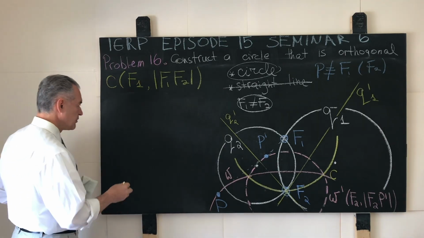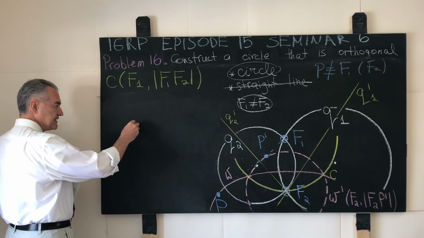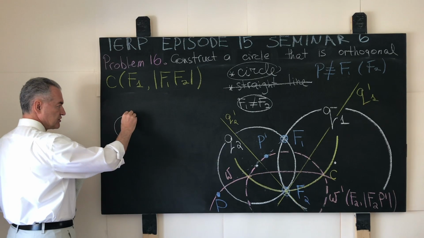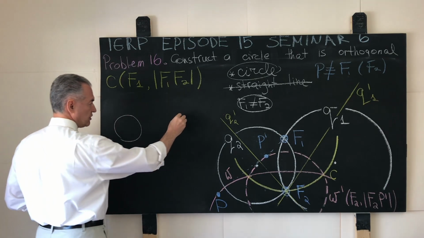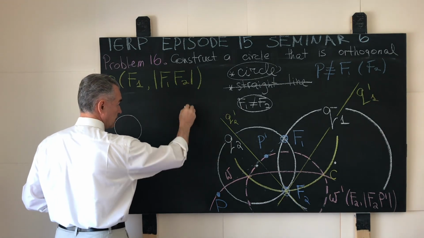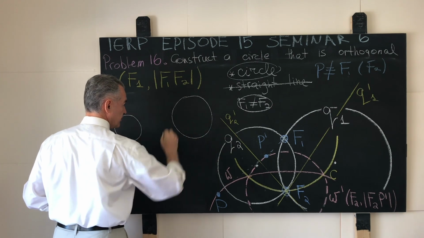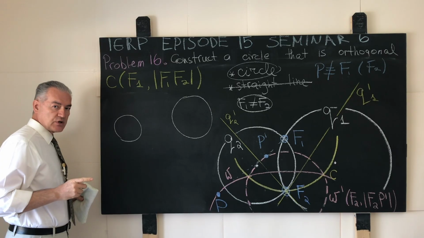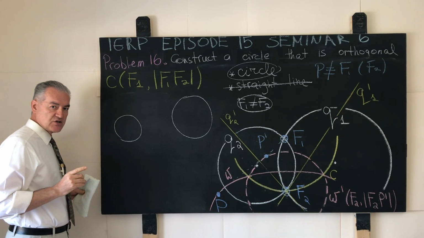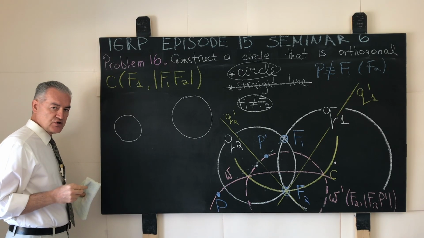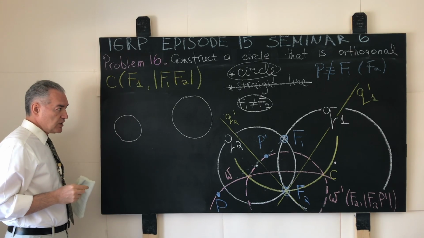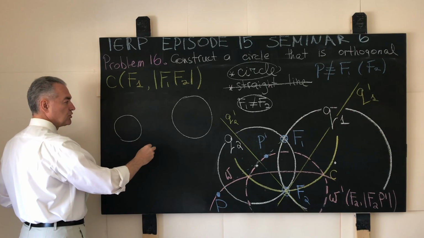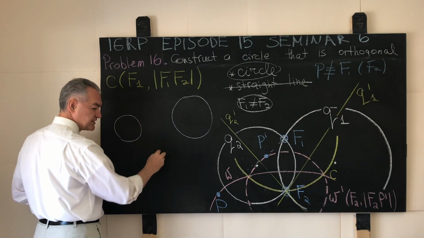In the next problem, we'll be given two distinct non-concentric circles. Let's say we're given this circle and this circle. Two circles that are not concentric. We will be looking for inversive magic that you are expected to generate in such a way that this magic will take both of these circles into two concentric circles.